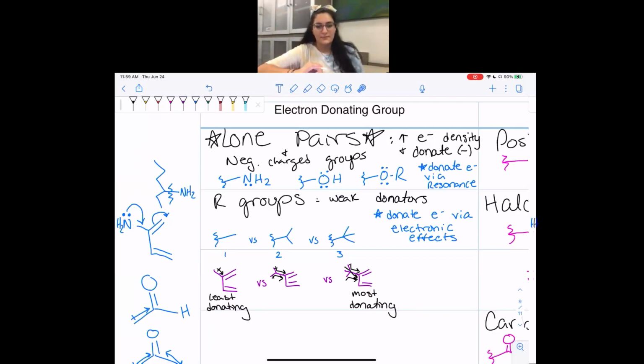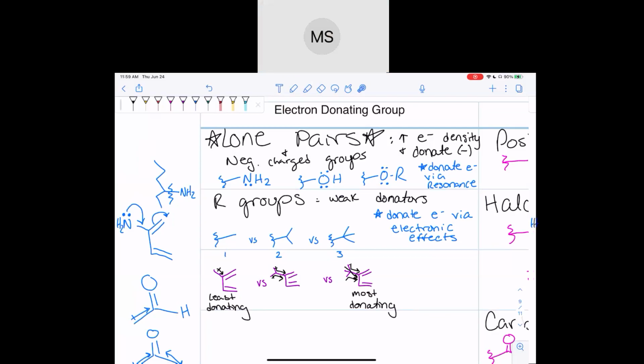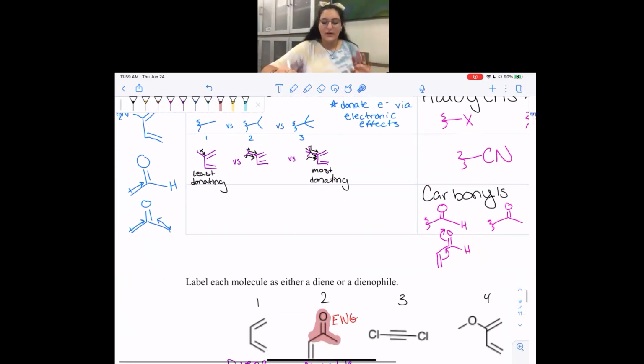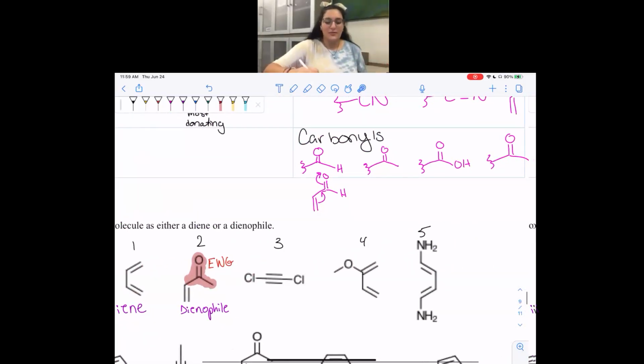Gotcha. Okay, I see. But then the other one that we just did had an O, so wouldn't that be a donating group? That's a great point. And the O's get a little bit tricky. So what I always tell people to keep in mind is the carbonyls. If the oxygen is directly attached, that's when it's donating.